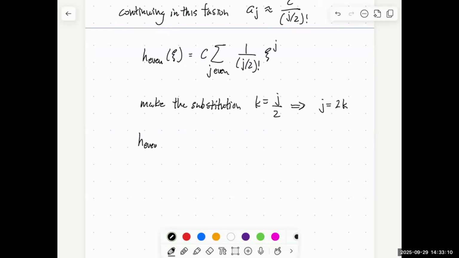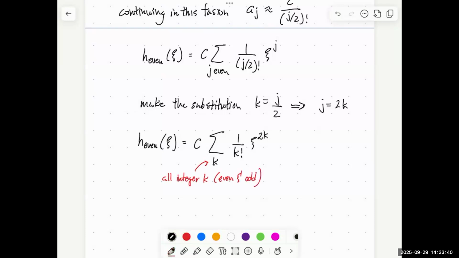So h_even(z) is equal to, C doesn't change. Now our sum is over K, and we have 1 over K factorial, and we get z to the 2K. And let me just emphasize, this is now over all integer K, that's even and odd values.